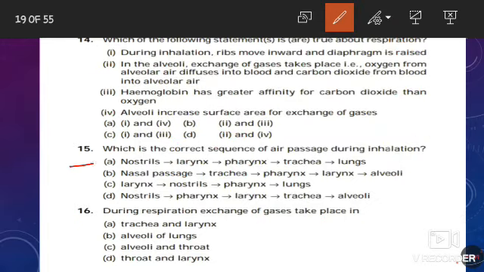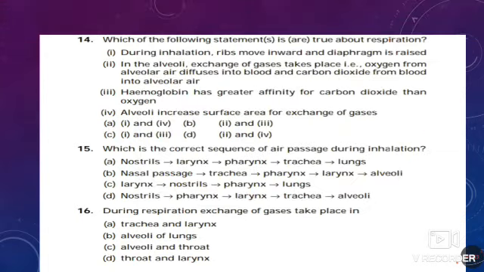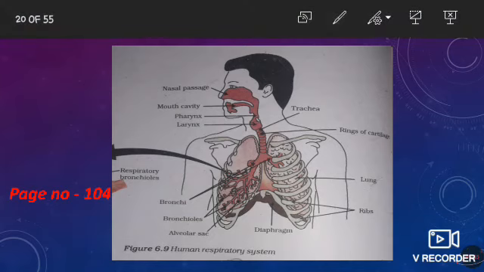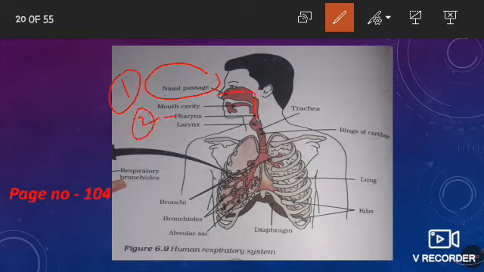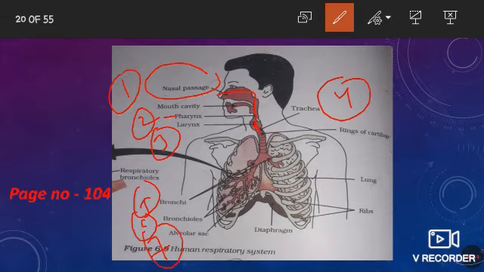Now question number 15, that is the correct sequence of air passage during inhalation, and you can see the correct passage of inhalation very clearly in this diagram. First is the nasal passage, then it goes to the pharynx, then the larynx, then the trachea, and then bronchi, then bronchioles, and finally alveoli.